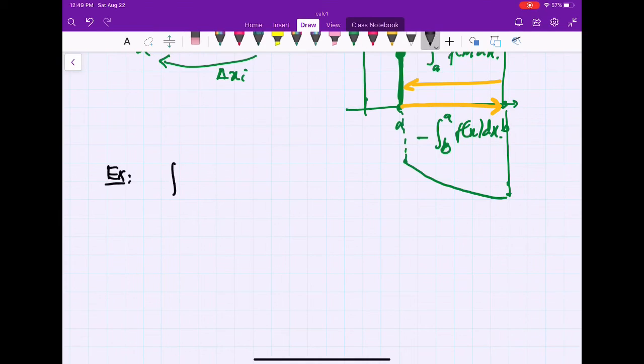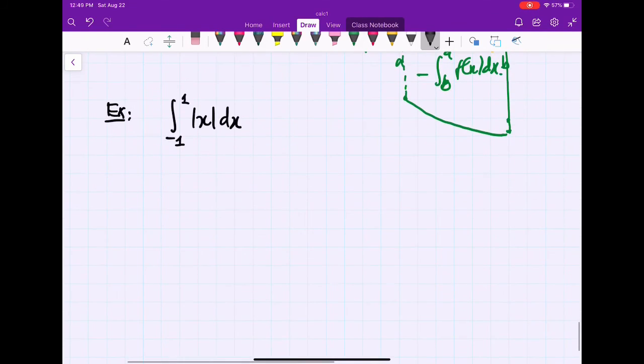You have the integral from -1 to 1 of the absolute value of x dx. What is the absolute value? It is equal to x if x is bigger than or equal to 0, or negative x if x is less than 0.